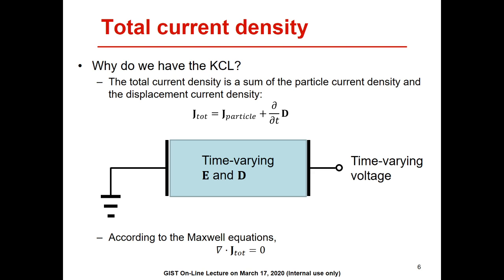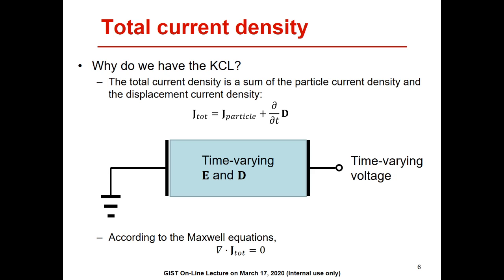Then, a natural question is its validity. Why do we have the KCL? It is revealed that the KCL is originated from the Maxwell equations. The total current density is a sum of the particle current density and the displacement current density.